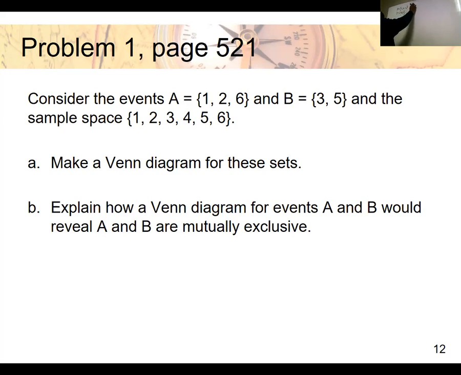And of course, our sample space is just simply 1 through 6. Now they say make a Venn diagram for these sets, and then explain how the Venn diagram for events A and B would reveal A and B are mutually exclusive events.